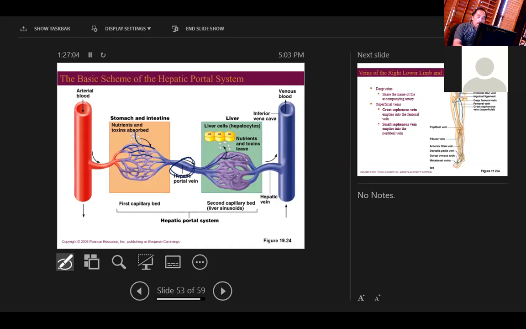So the toxins or nutrients sometimes have to leave, and then the liver cells will try to detoxify some of them. Whatever gets through will then connect to the hepatic vein, and now goes to the inferior vena cava, and then to the right atrium, and then goes out to the aortic vessel. Okay, so the liver is always like a sentinel. It guards anything that goes inside your body.